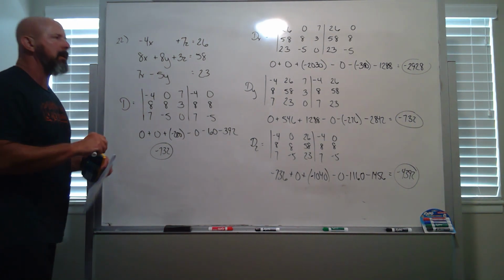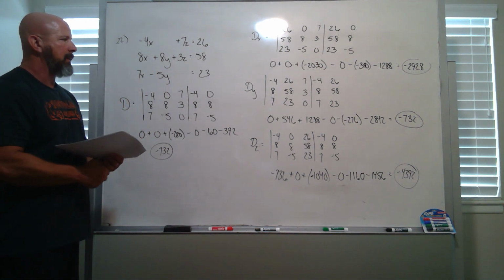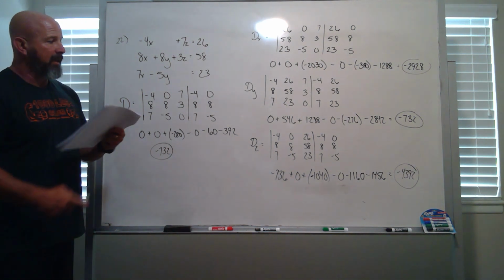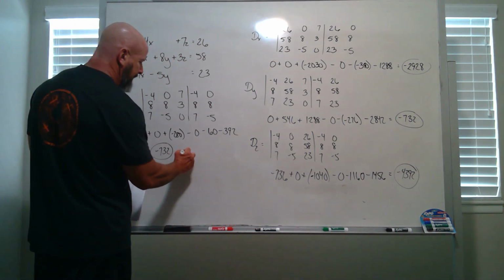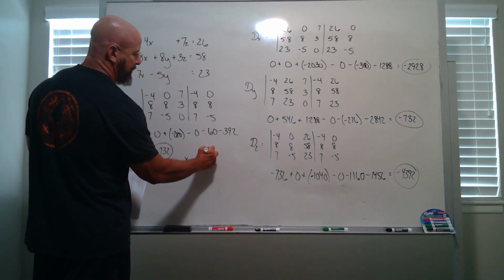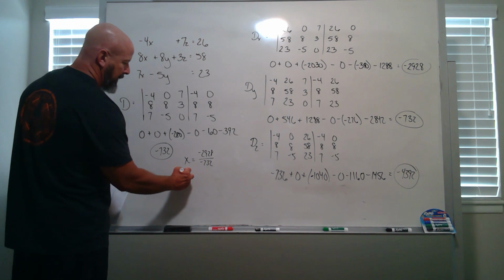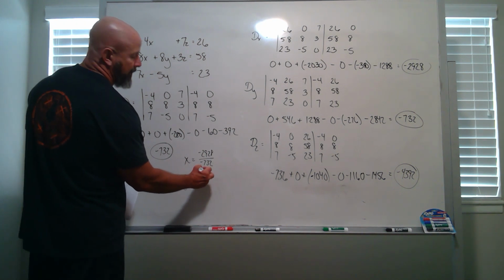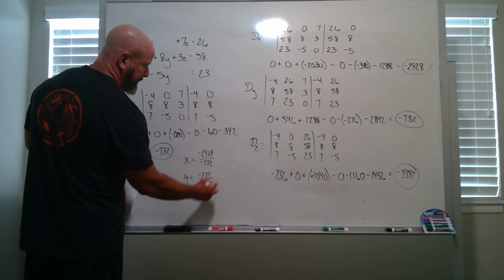So I've got it up here. You can pause, look at the different values, rewind if need be. But let's finish this guy up here. Once I've got all my values, I know x would be the negative 29, 28 over negative 732. The y would be negative 732 over negative 732.